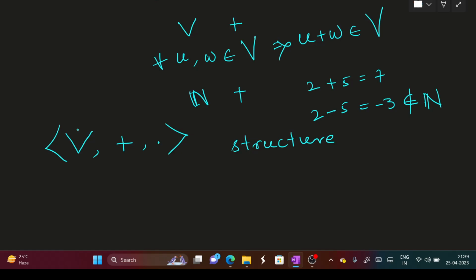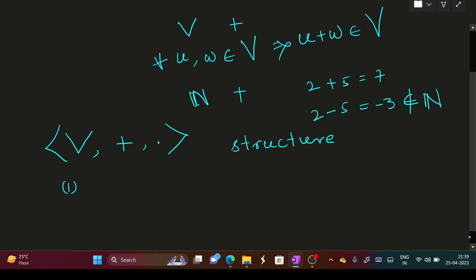And any structure V having vector addition and scalar multiplication operations defined on it is said to be a vector space if these 8 properties of addition and scalar multiplication are satisfied by that V or by that structure.